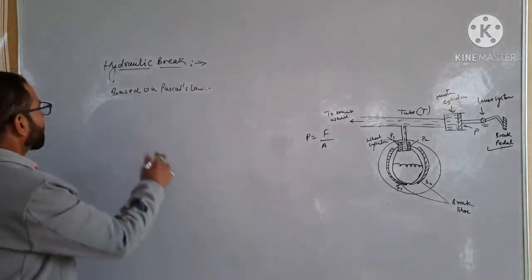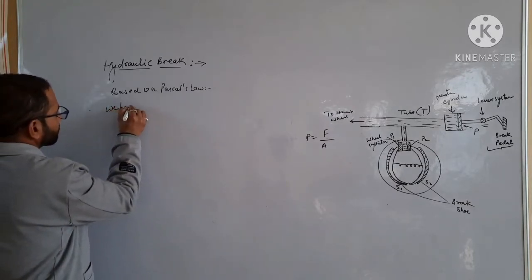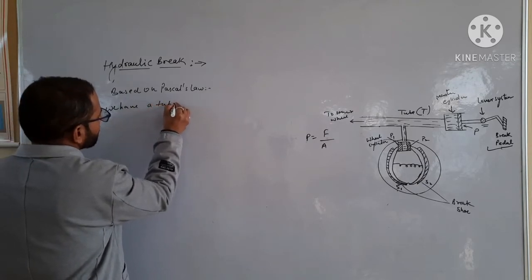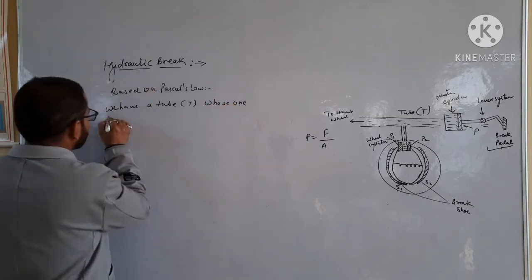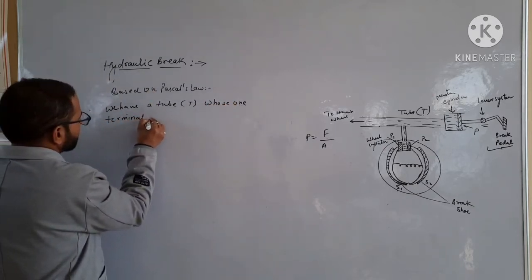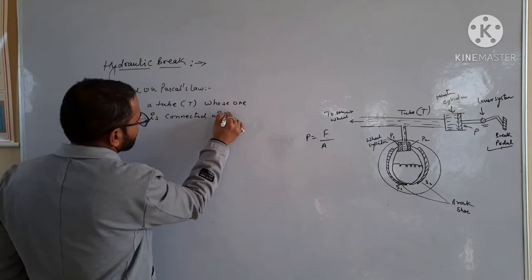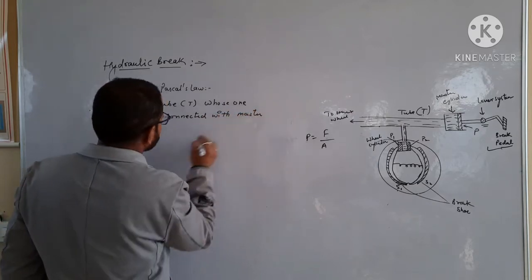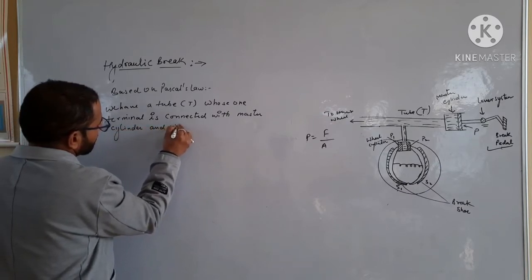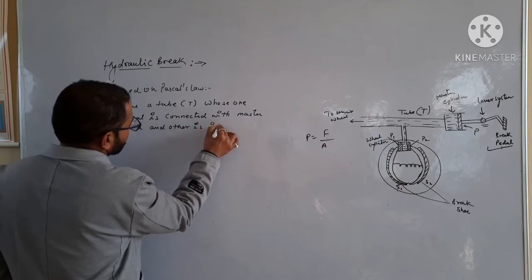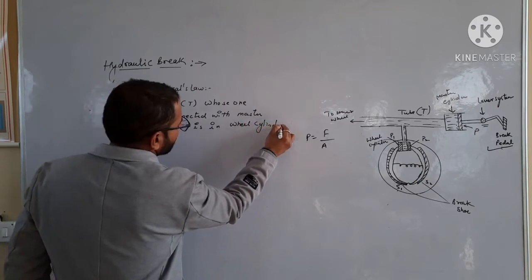If we want to write the points here, we have a tube T whose one terminal is connected with the master cylinder and the other is in the wheel cylinder. Point clear?